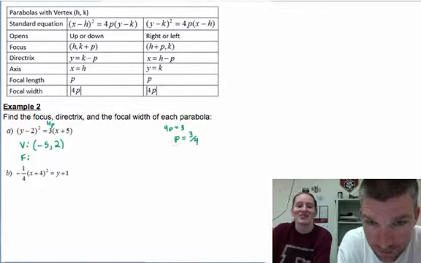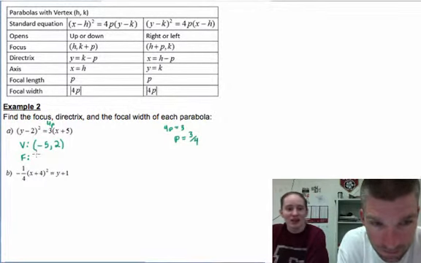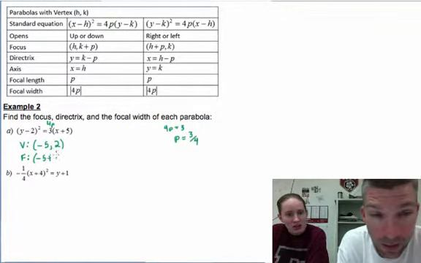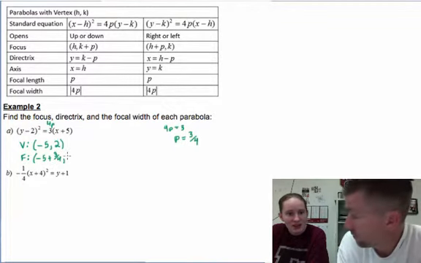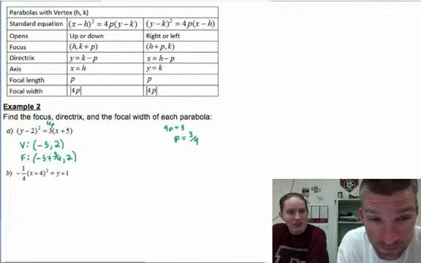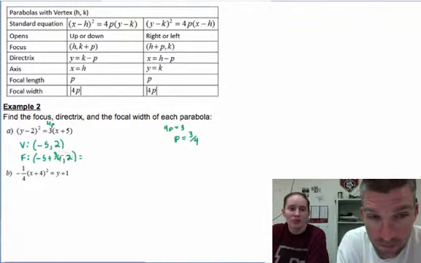This is opening left or right, so we're going to add this number, since it's positive, to the x value. So negative 5 plus 3/4, comma 2. If I get a common denominator, that's negative 20 over 4 plus 3, which is negative 17 over 4, comma 2. So that's our focus.